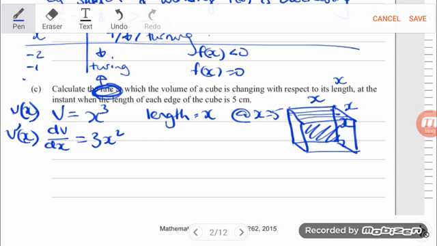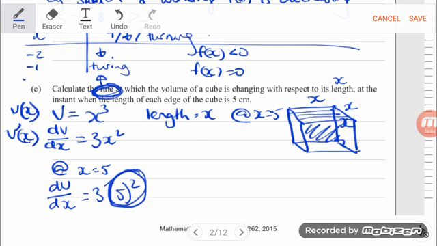Now, it's asking when x is equal to 5. So this is where we just plug it in. So at x equals 5, dV/dx is equal to 3 times 5 squared. Now, that only belongs to the 5. That's why it's in brackets, because it's just the x that we're doing.